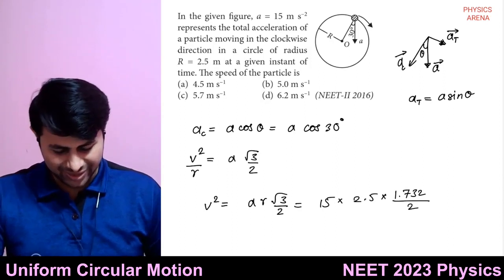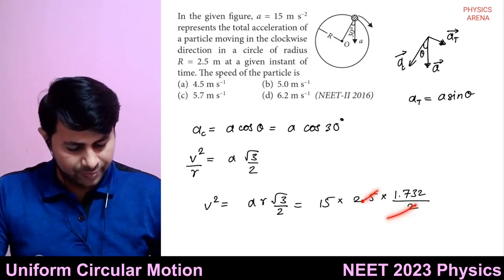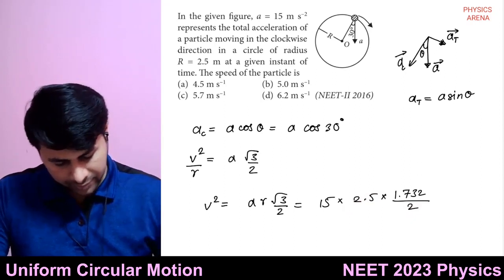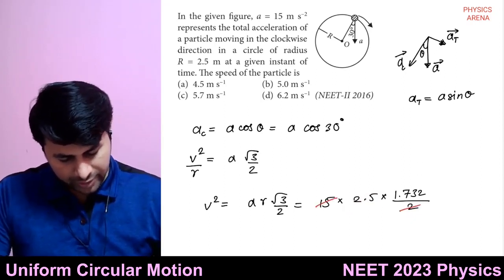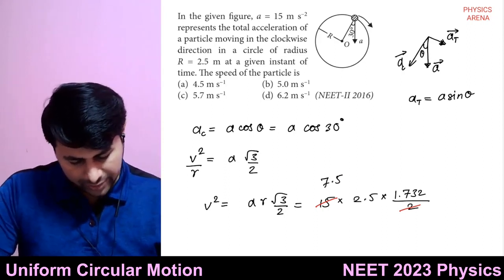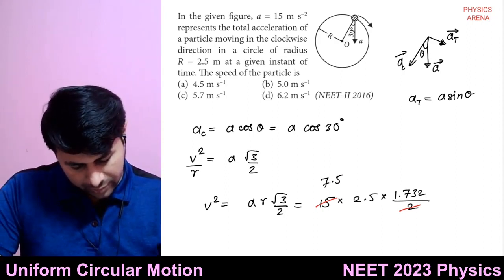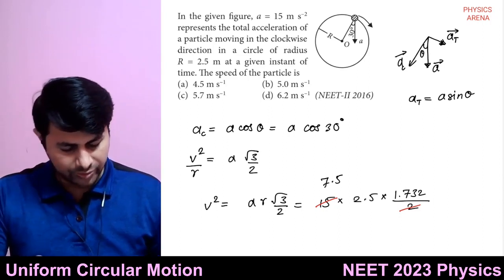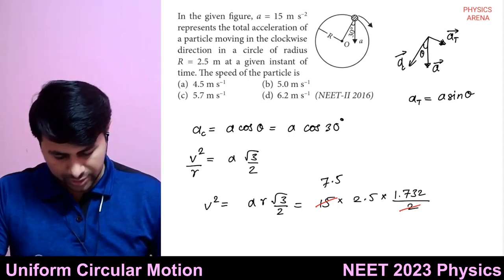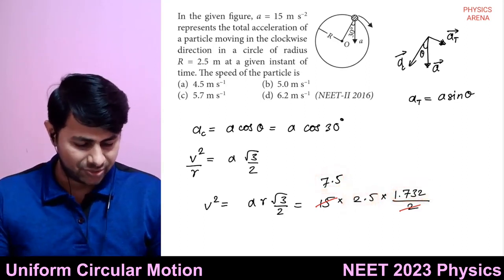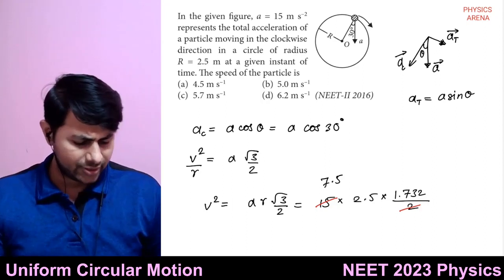Doing the calculation, if we divide, this will be 7.5 times 2.5 times 1.732. This is the V square, and we want the square root of that. Approximately, can somebody say?